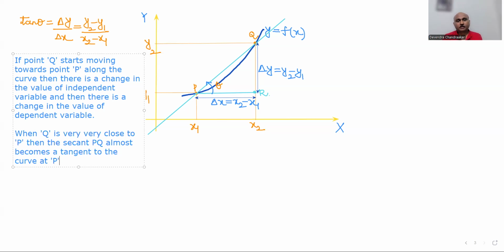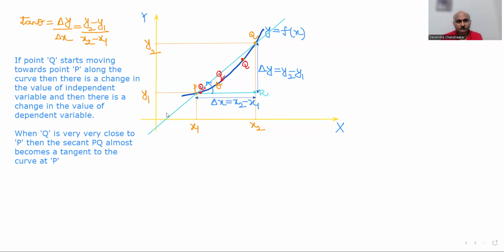So this point Q is moving towards P. Can you see this, all of you? The point is moving towards P, right? And just check how the tangent will look. The secant is changing.